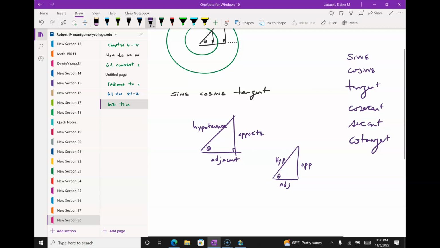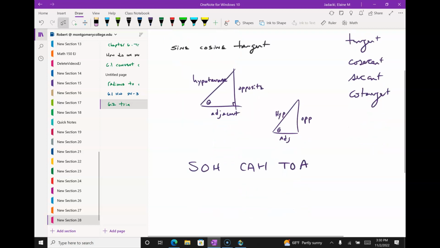So the first thing we're going to remember is SOHCAHTOA. That is saying sine of theta is the ratio of the opposite over the hypotenuse. Cosine of theta is the adjacent over the hypotenuse.